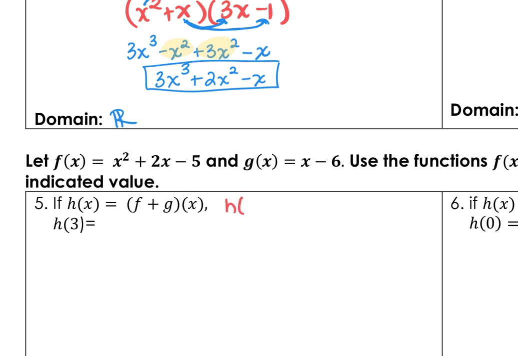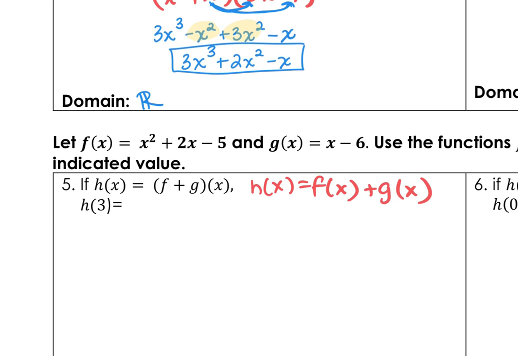So to find h of x, I'm going to do f of x plus g of x. That's how I'm going to find h of x. Once you find h of x, then you'll evaluate it. Okay? So I'll give you about 2 minutes, and we'll see how you're doing on number 5, and then maybe 2 more minutes for 6, and we'll check back in.